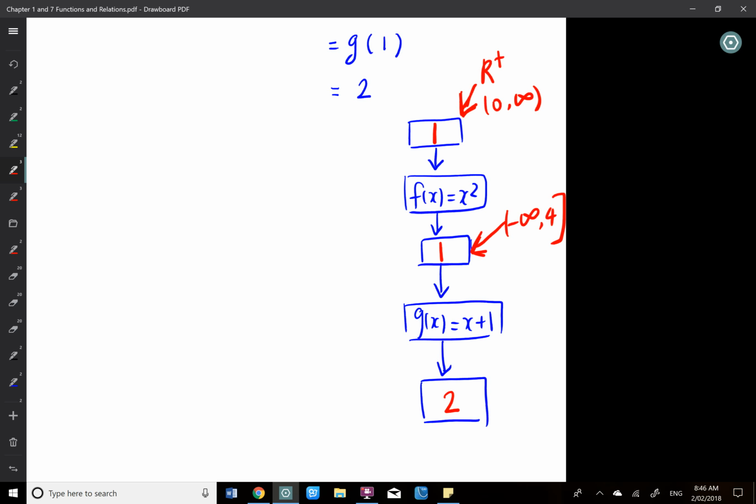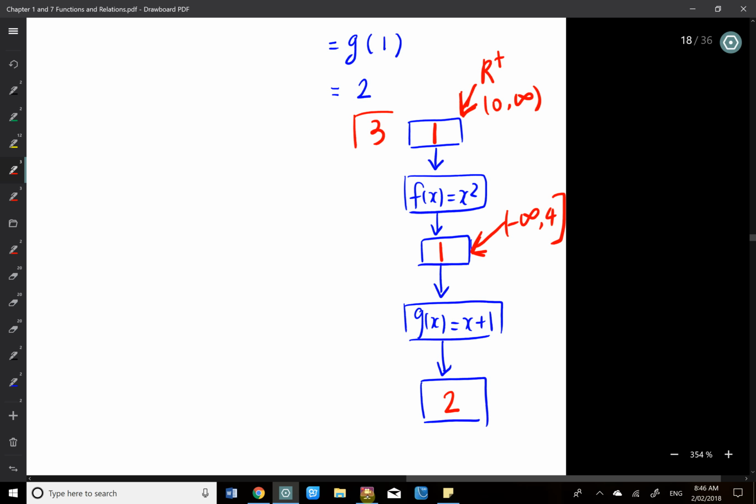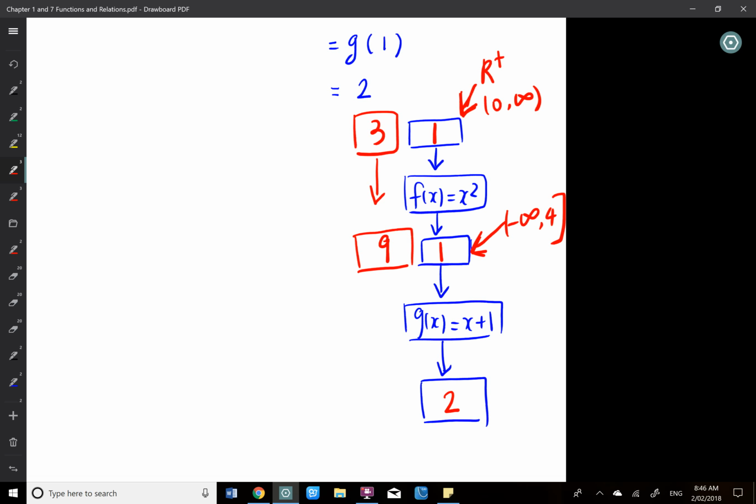Let's try a new number, the number 3. I want to put a 3 into the first box, going into f(x). What I will have here is a 9. My question is, can we keep going?